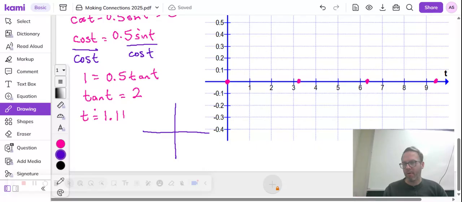You can do whatever you want. But what have we found here? Our first solution, 1.11 radians, is somewhere in this first quadrant. I don't know exactly where it is, but 1.11 radians is somewhere like that in the first quadrant. It's between 0 and pi by 2 radians.